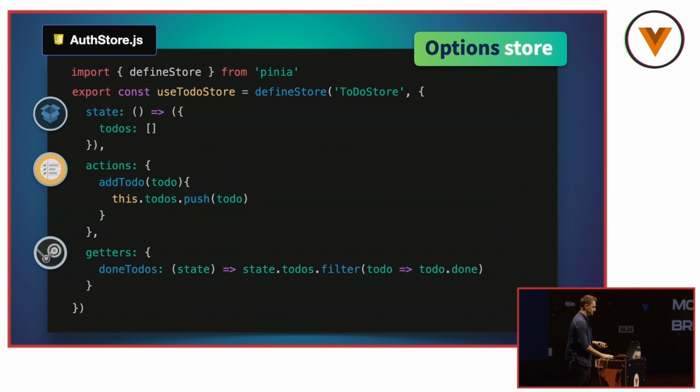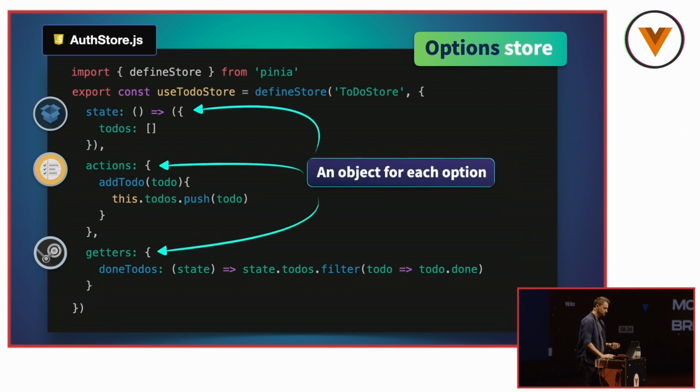So we've essentially got an object for each of these options. And really, if you think about this as an analog to the options API in the components, the state is analogous to the data, actions are analogous to the methods, and then getters would be analogous to computed properties.